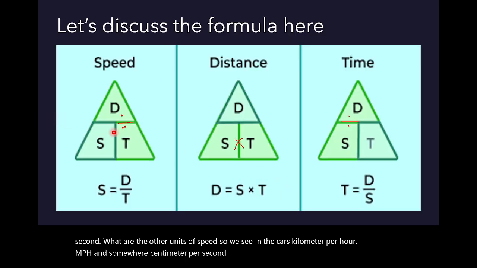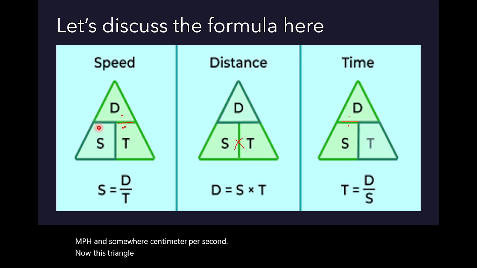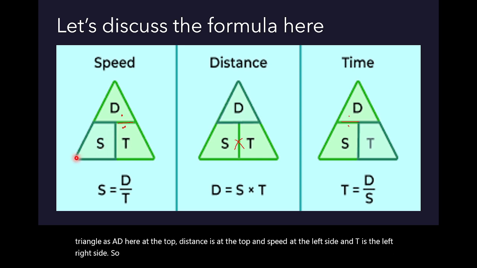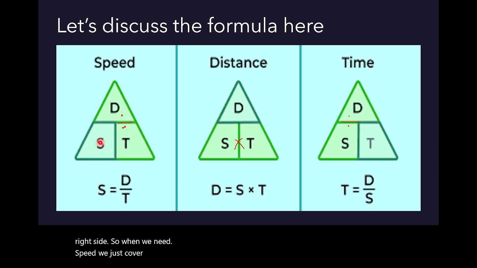Now this triangle is just to make it easy to memorize the formula for speed. You can see in this triangle d is at the top, distance is at the top, speed is on the left side, and t is on the right side. So when we need speed, we just cover speed, and what are we left with? d and t, so d divided by time.